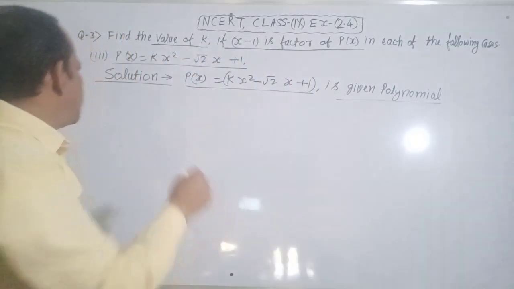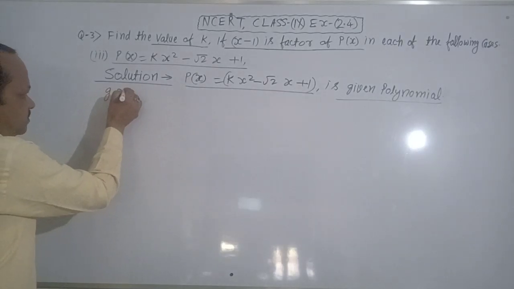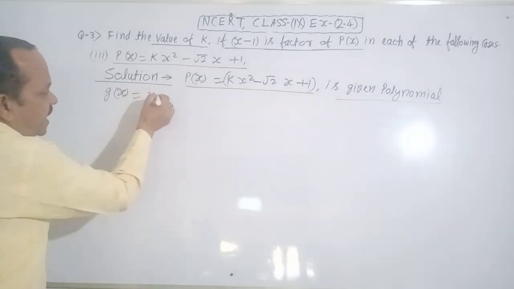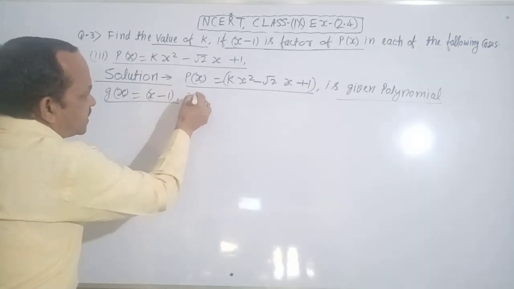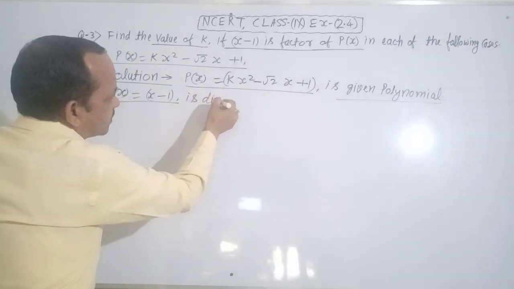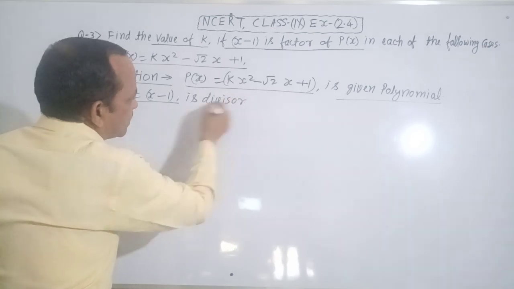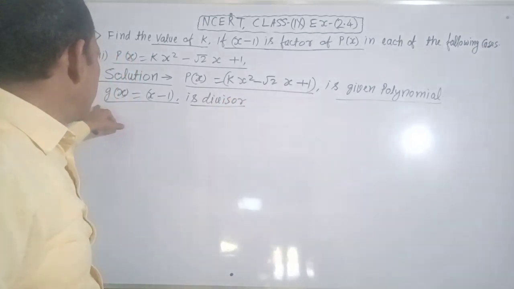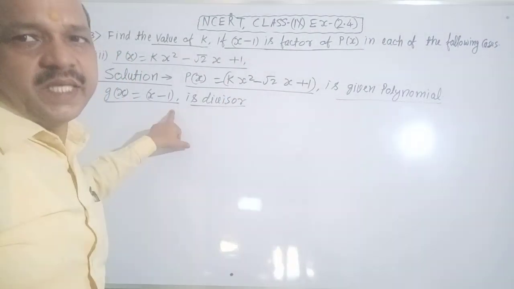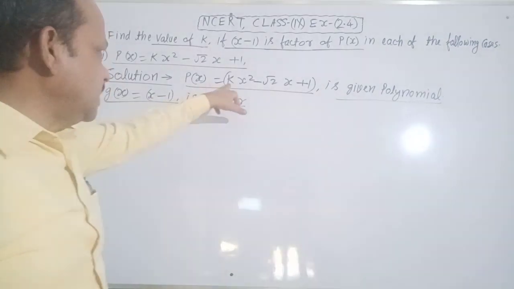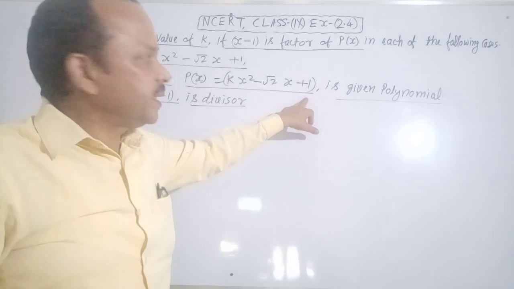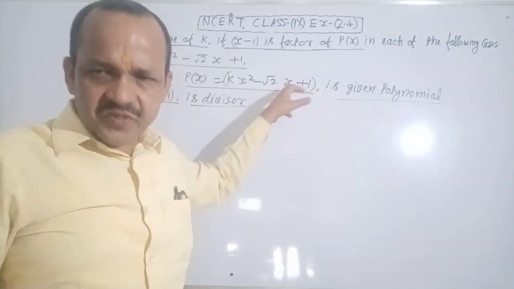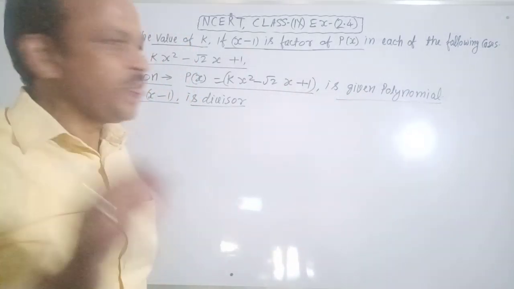Clear? g(x) equals x minus 1 is the divisor. g(x) equals x minus 1 is the divisor. p(x) equals kx square minus root 2 x plus 1 is the given polynomial, means it is the dividend. Clear?